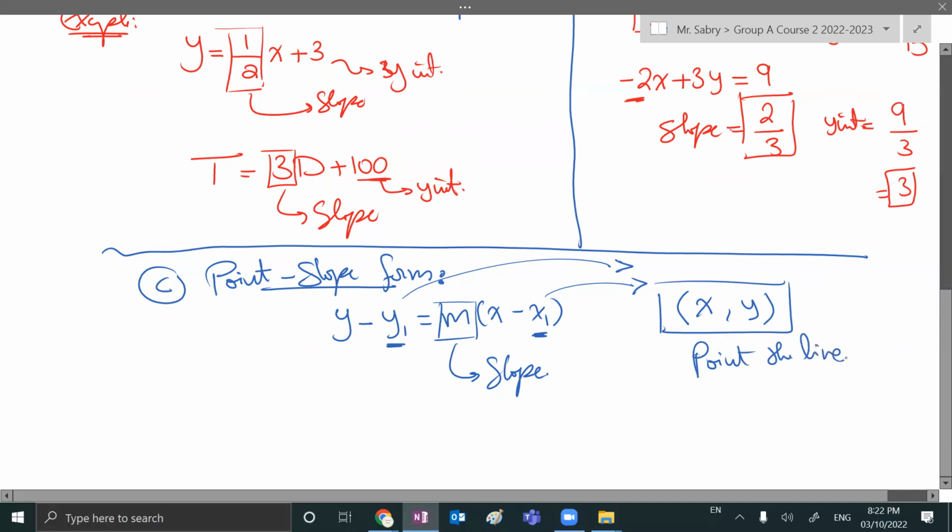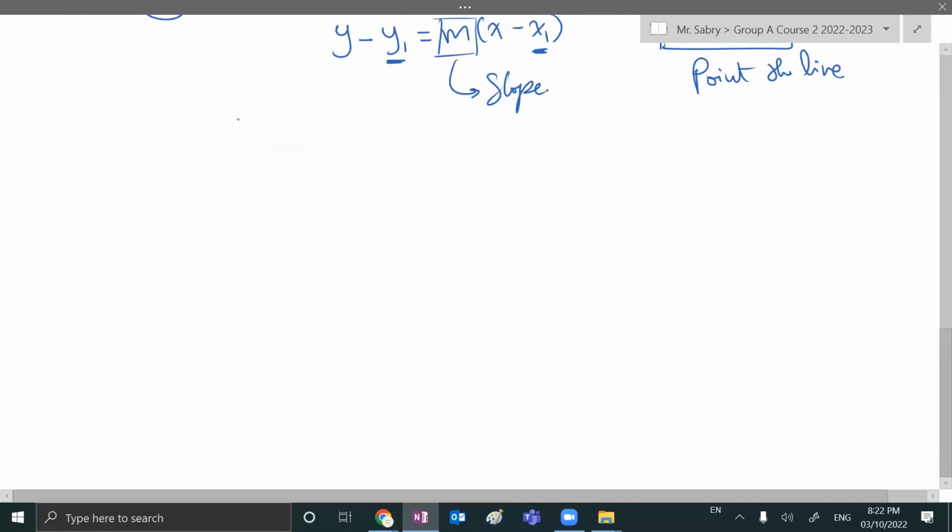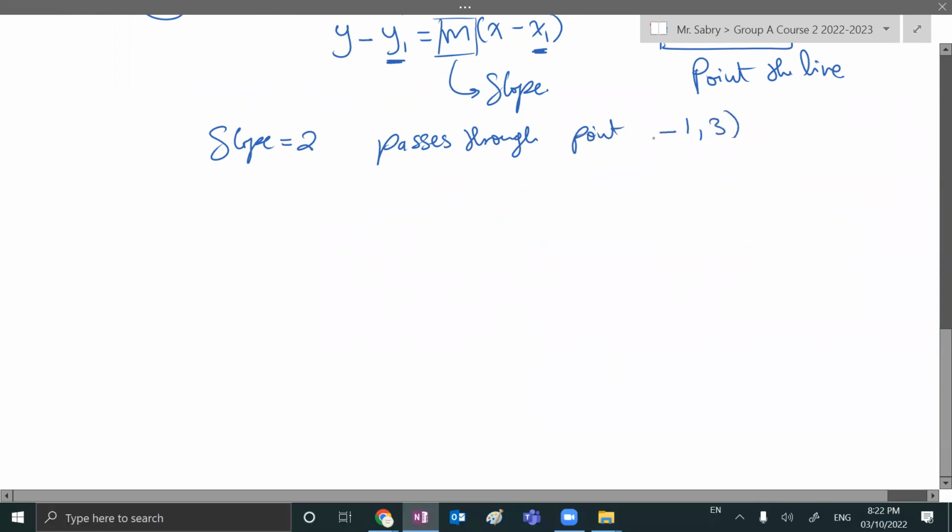What does that mean? Okay. So let's say they told you there is a line that has a slope of 2 and it passes through point (-1, 3). Find the equation. If I'm given a slope and a point, the best form to use is y minus y1 equals m bracket x minus x1, which is the point slope form.